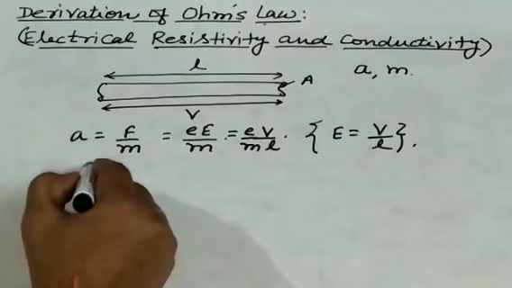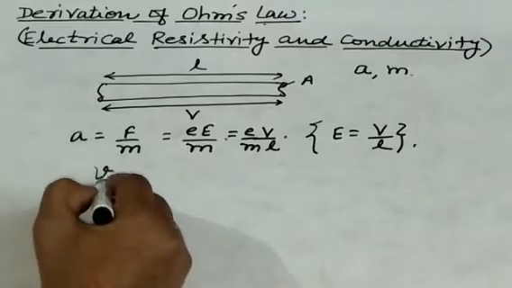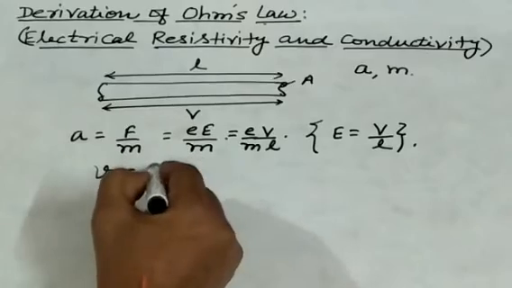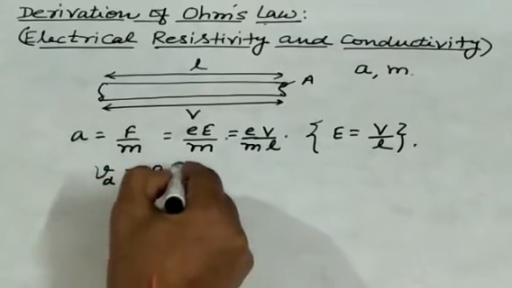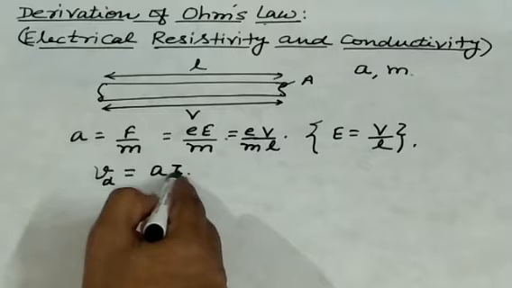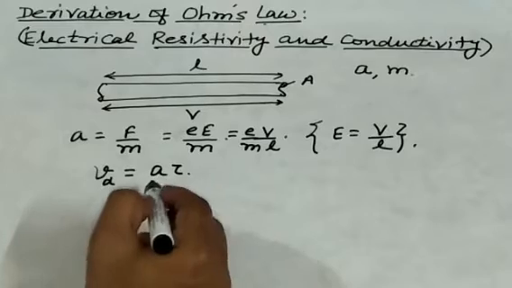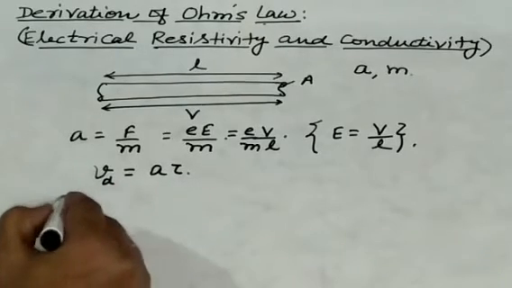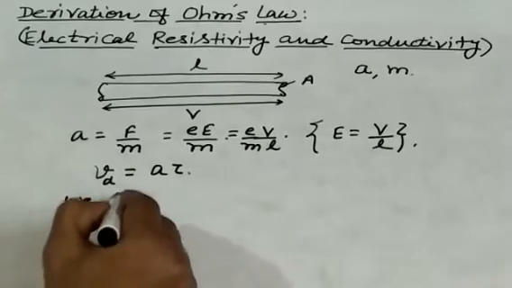And the drift velocity of the electron, as I have told you in the previous video, Vd is equal to a into tau, where a is the acceleration of the electron and tau is the average relaxation time. And also we know the relation between current and drift velocity.